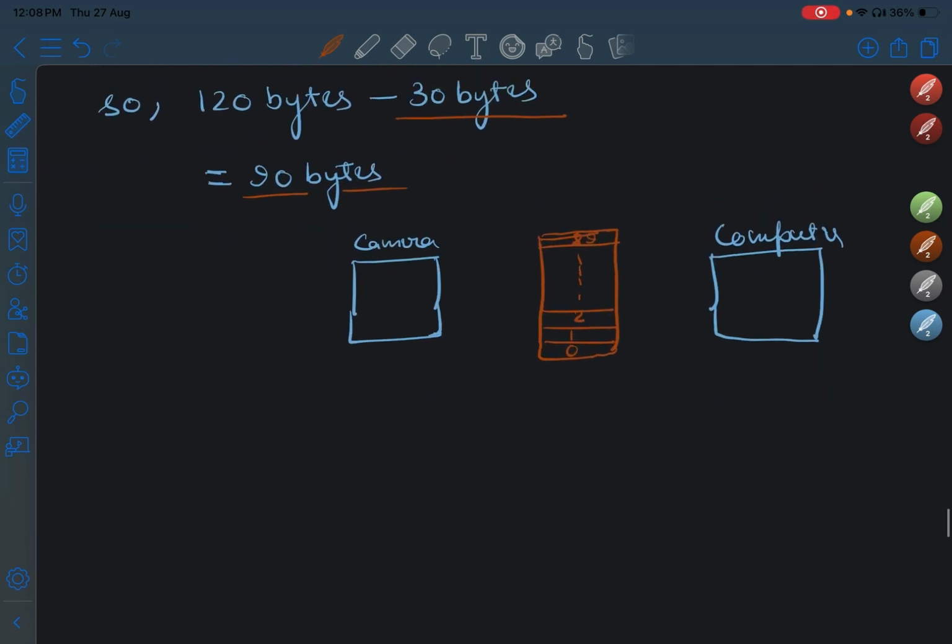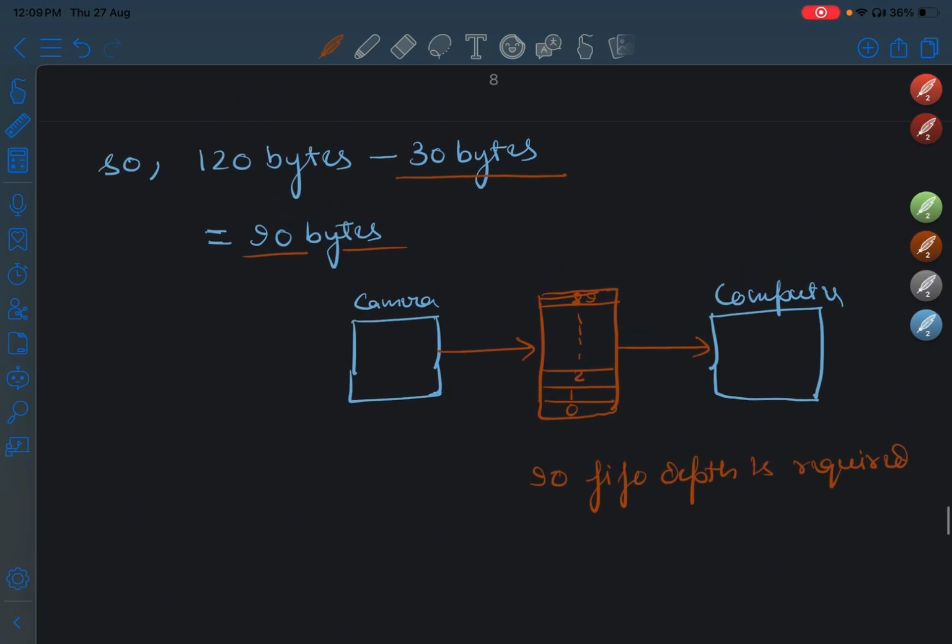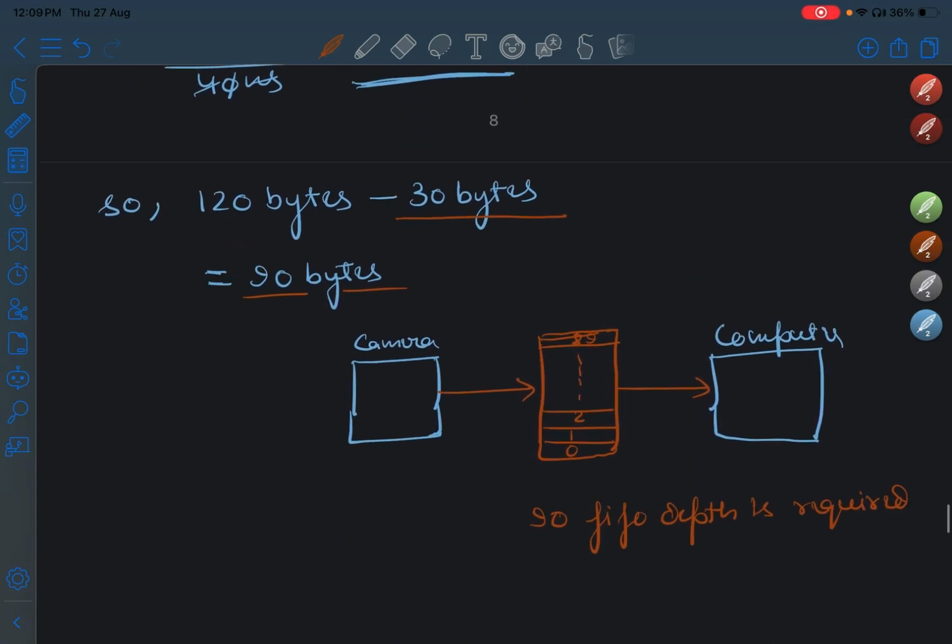So here we require a FIFO depth of 90. FIFO depth is required to avoid the loss of any data. So yeah, thank you.